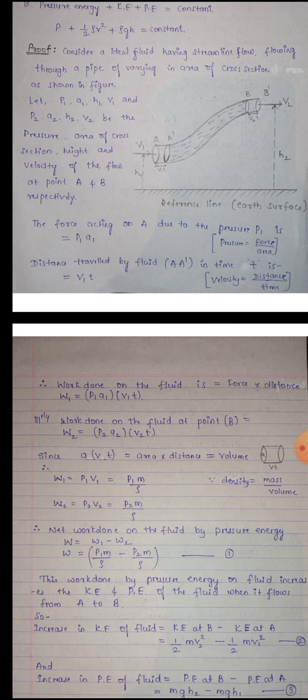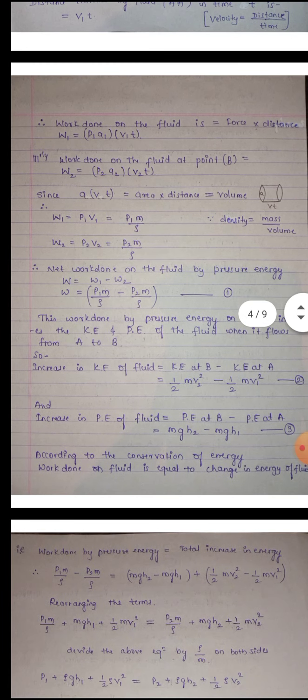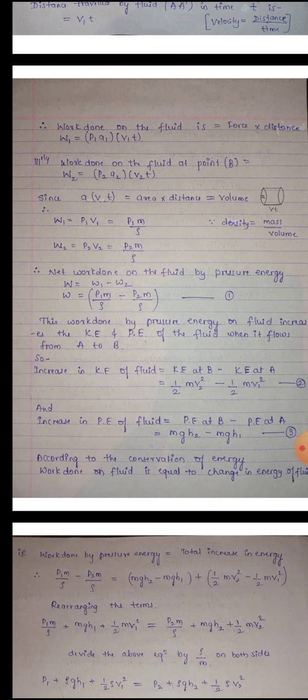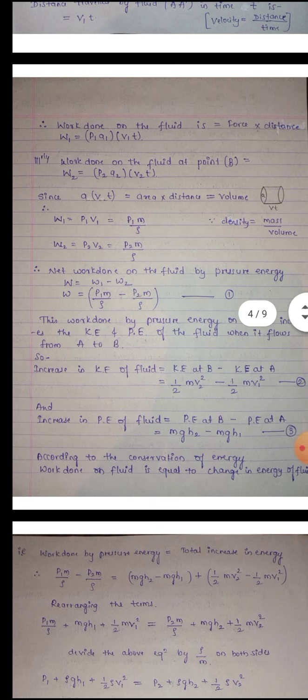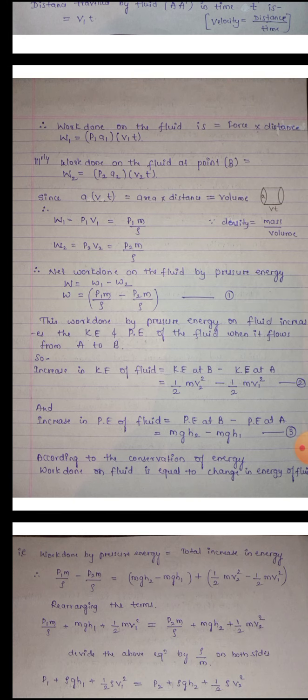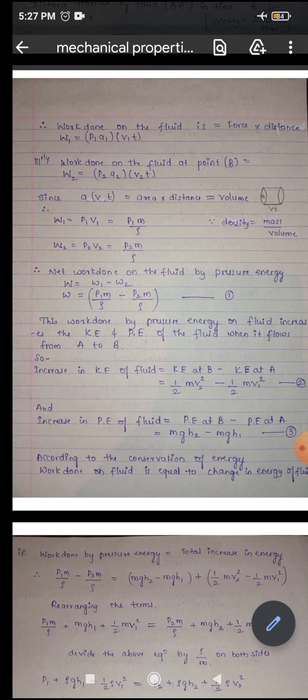To get how much it has increased, we have to subtract the kinetic energy at point A from the kinetic energy at point B. So the increase in kinetic energy of the fluid will be equal to kinetic energy at point B minus kinetic energy at point A. We know that kinetic energy at point B will be 1 by 2 m v2 square, because at point B the velocity of the fluid is v2.